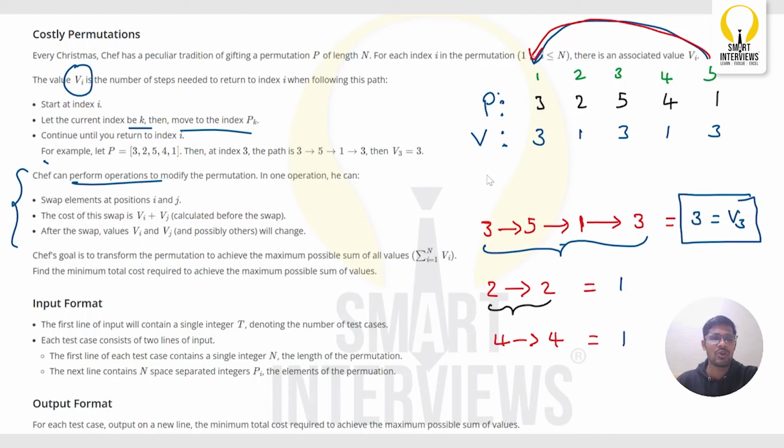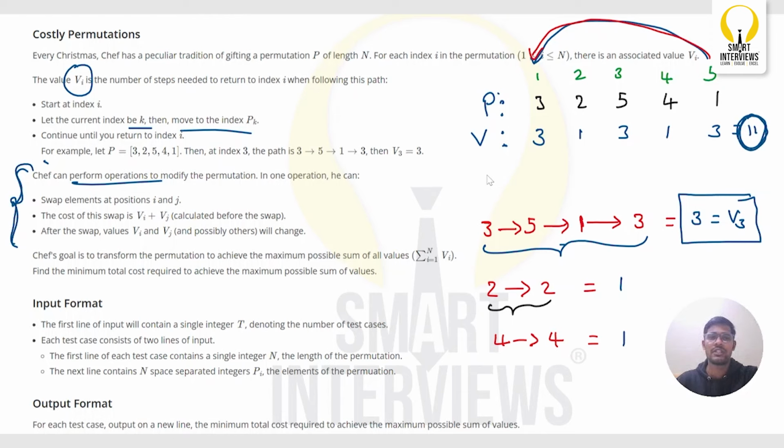So the chef's goal is to maximize the sum of all the elements in the Vi array. Here the sum is 3 plus 1 plus 3 plus 1 plus 3 equals 11. So we need to maximize this value 11 using the following operations.